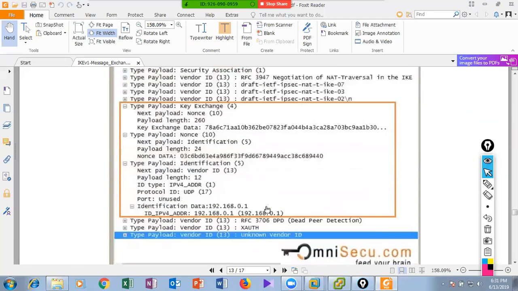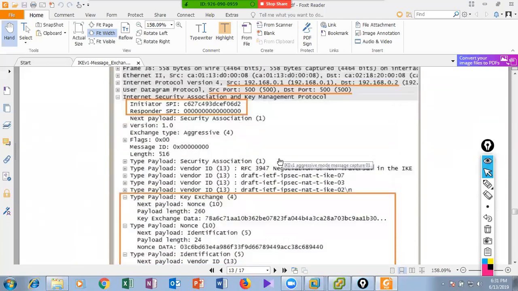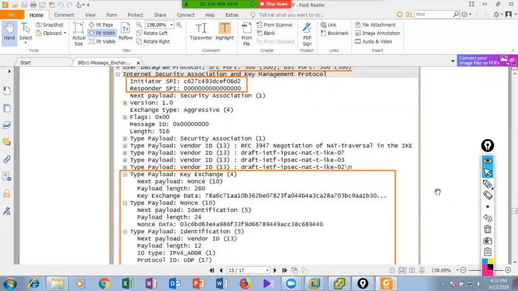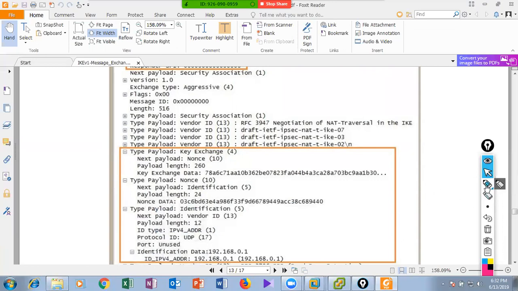Now, you can see here the SPI parameters. You can see the key exchange, the key data, and the nonce value. You can see the nonce data.